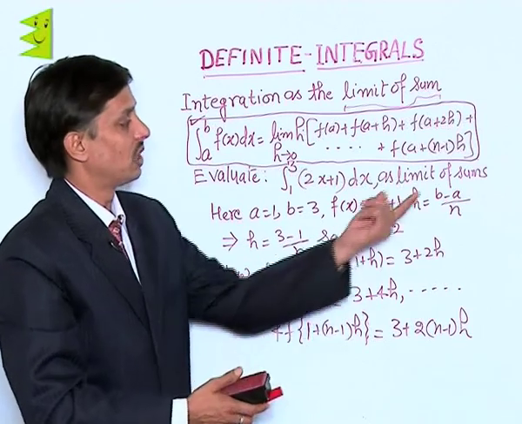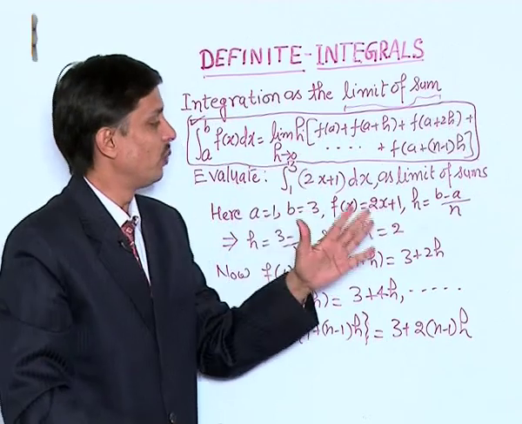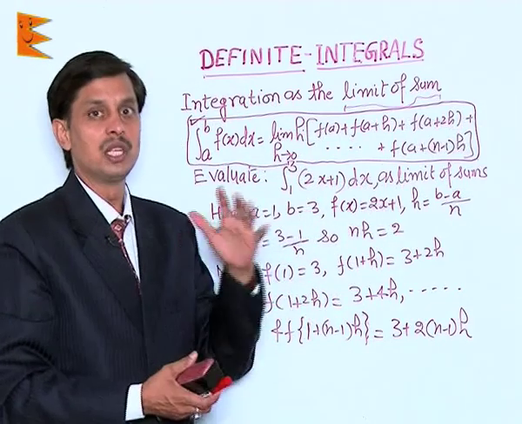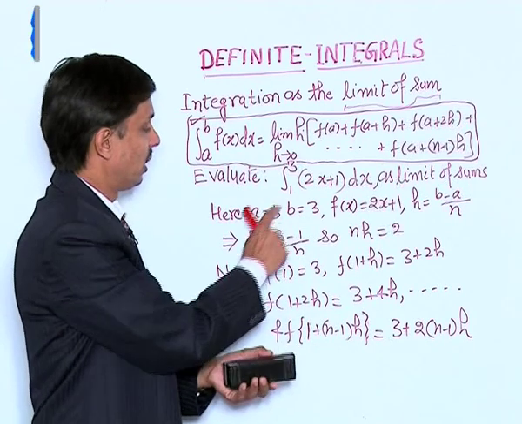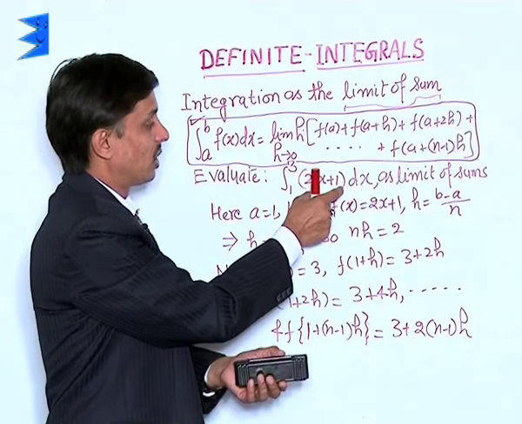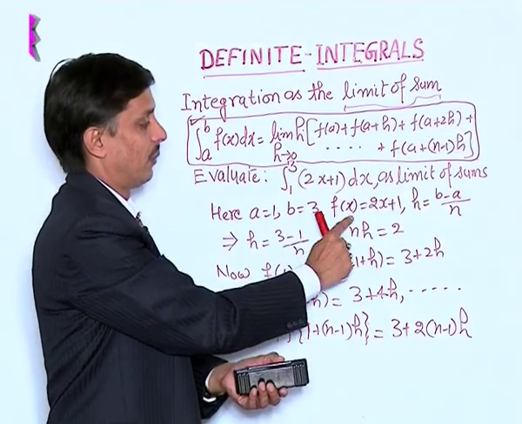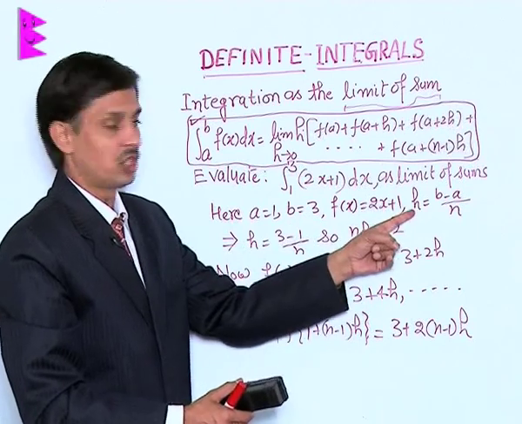But the concept is added here as limit of sums, so we are bound to do it with this method. Here we have a, the lower limit, 1, upper limit 3, and the function whose integral is required, f(x), is 2x plus 1.